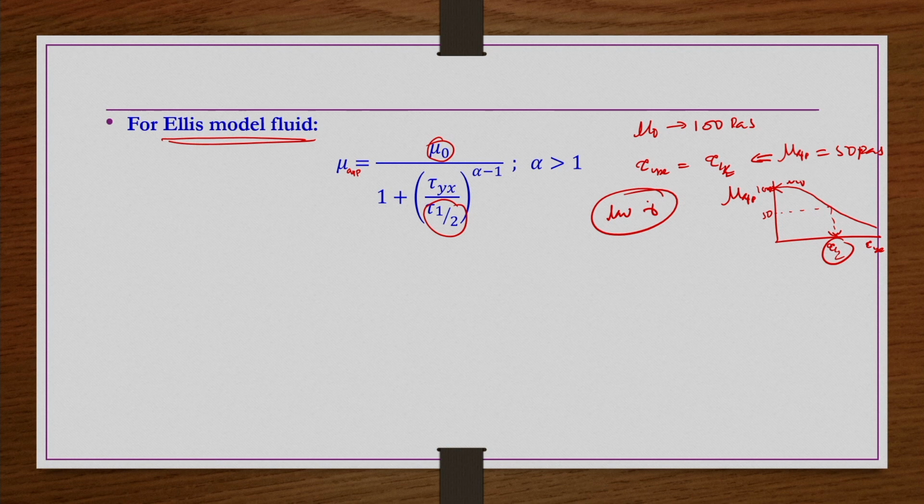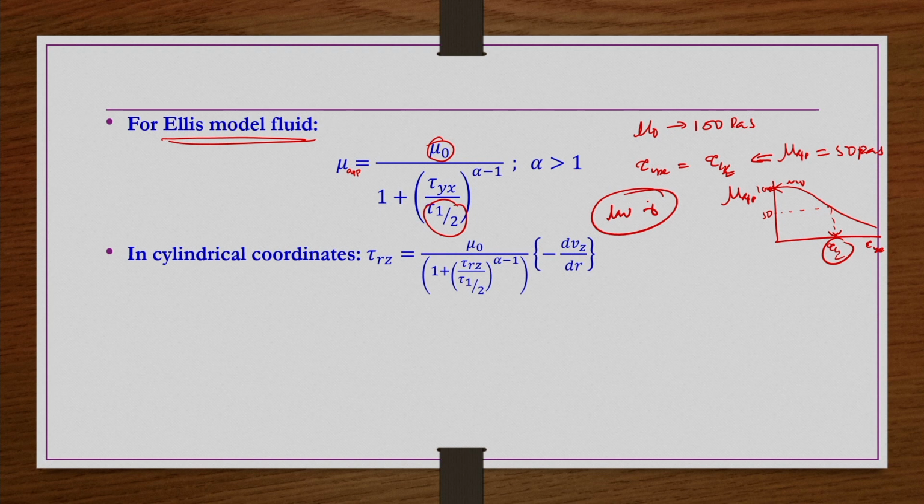Such cases occur in general in most dairy products. If you write the same equation in cylindrical coordinates, you have μ0 divided by 1 plus (τ_rz/τ_1/2) to the power α minus 1.